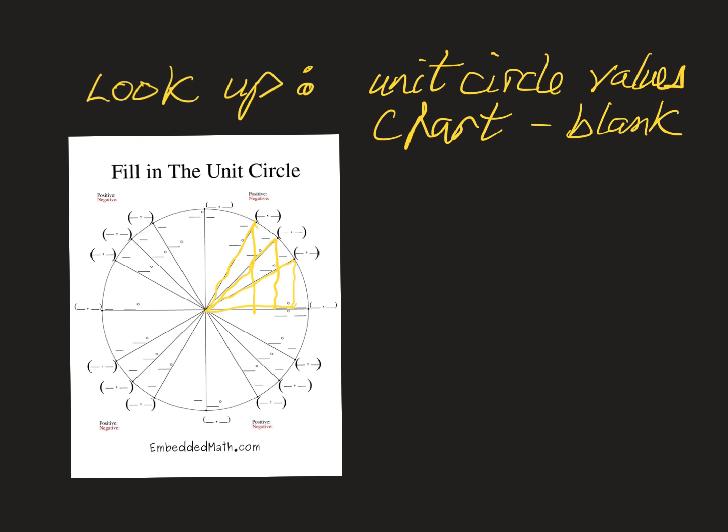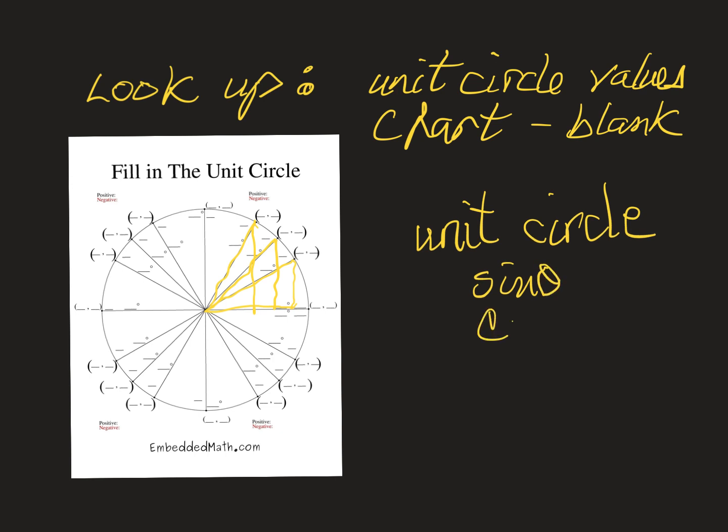So to wrap this up, what have we done? Number one, we have learned about the unit circle and how to use the ratio definitions of the trig functions to find the coordinates on the unit circle. We have also used those coordinates to find the values of sine of theta or cosine of theta being equal to y or x.